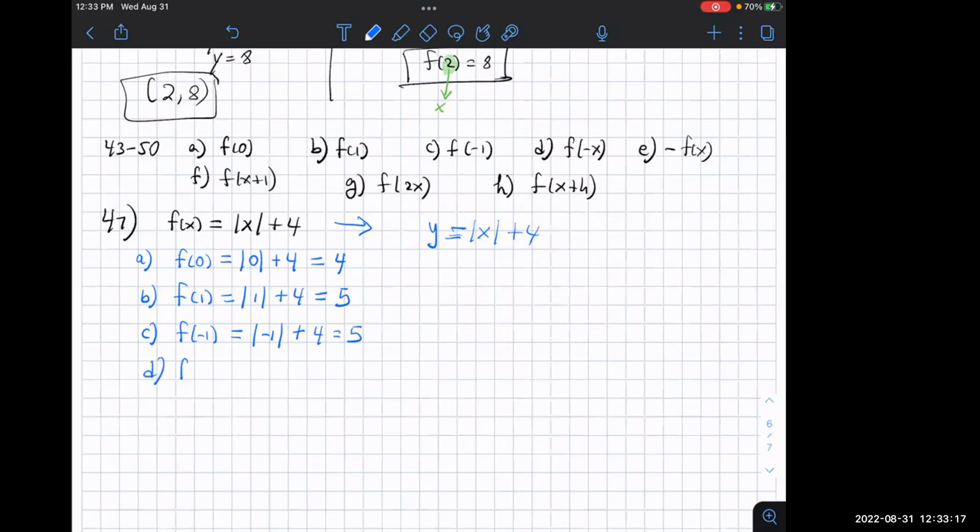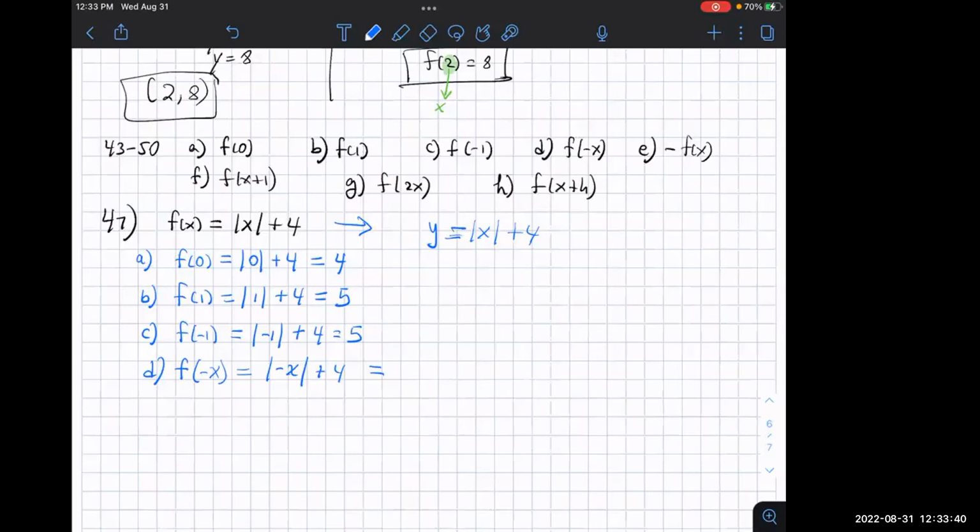D, what is f of the opposite of x? Let's do one step at a time: absolute value of the opposite of x, plus 4, right? Now, I don't know if the opposite of x is positive or negative.